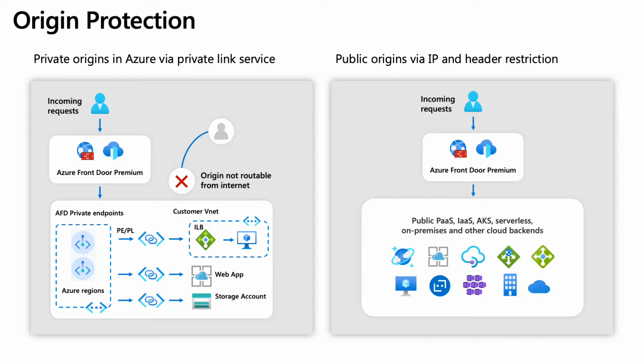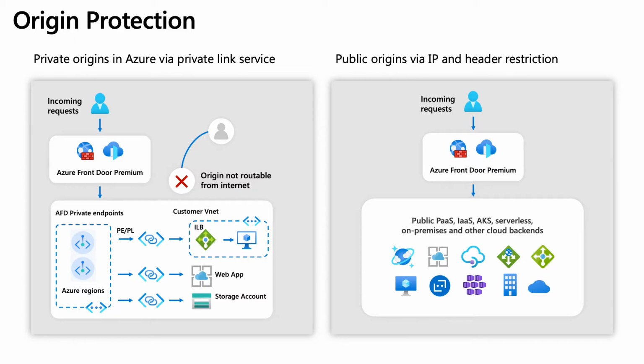Azure Front Door Premium can establish private link endpoints in the same region as your origin and connect to your origin through private link services. This way, your origin is not routable from the internet. The only public-facing entry point is Azure Front Door, and it is protected by a web application firewall policy.